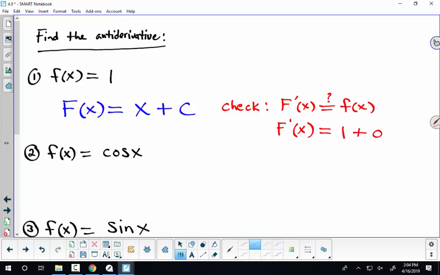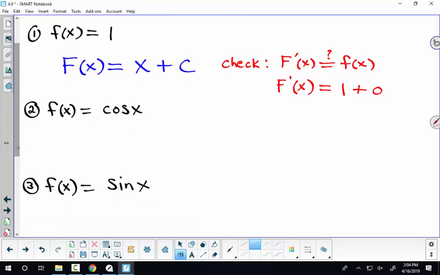How about the antiderivative of cosine x? What function do we take the derivative of in order to get cosine? So our antiderivative is sine of x plus any constant, or minus any constant. Does it matter if you put a minus or a plus?